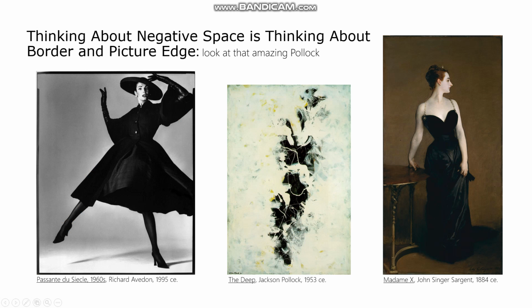Look at that shape right there and think about how that was a conscious decision. The whole thing is organized around the frame, and because it's organized in and around the frame, it's consciously thinking about the shapes it's creating in the negative space.